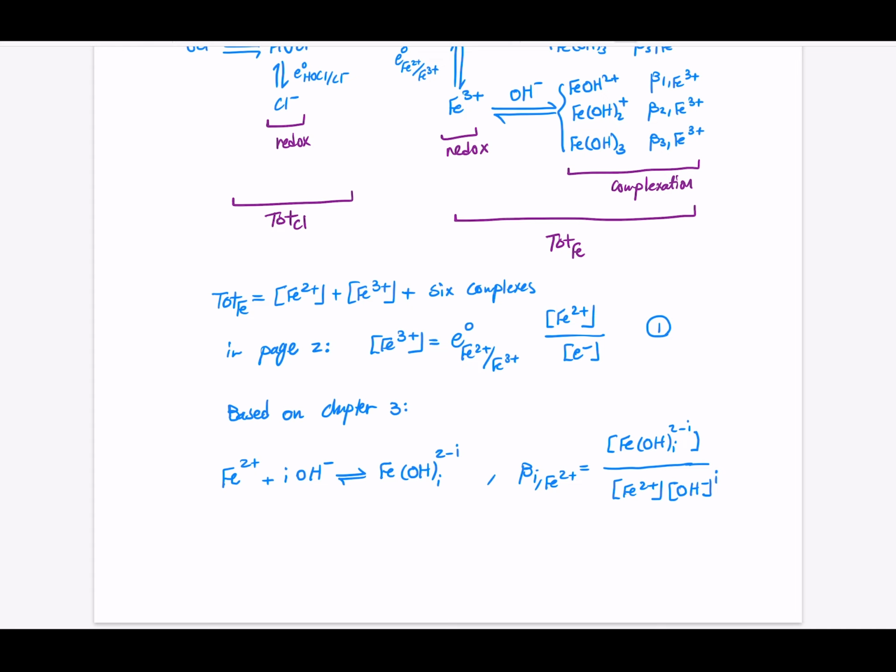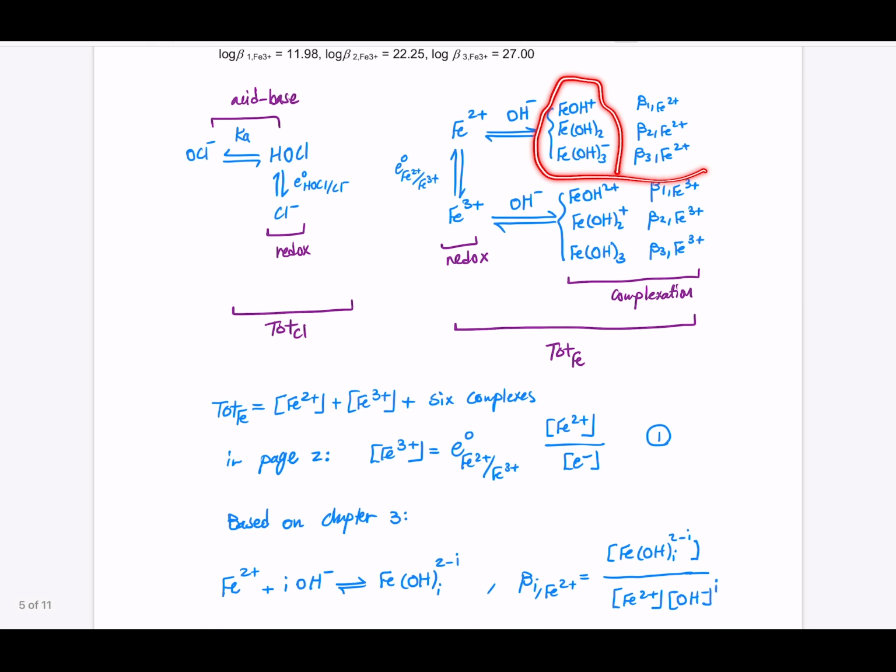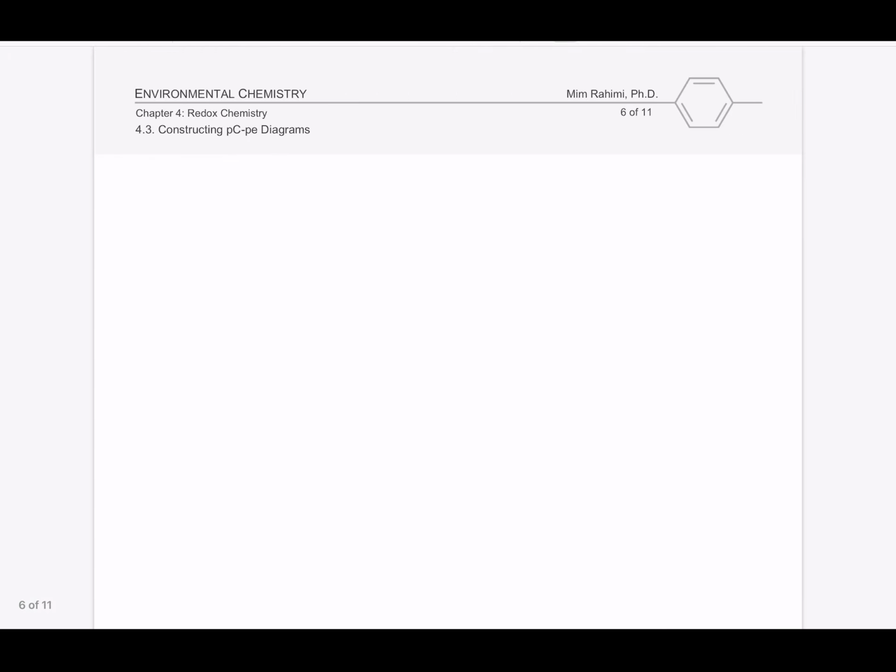So now that we have this relationship, we can expand it for 1, 2, 3, and for each individual one of these 3, convert that concentration to Fe2 plus. So just rearranging a little bit.